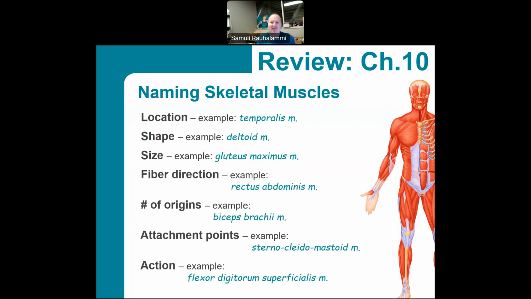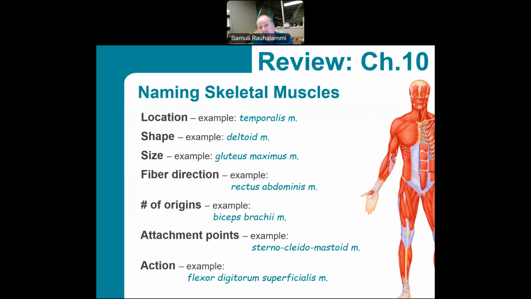One of my favorites is the sternocleidomastoid muscle, running from your sternum, the manubrium of the sternum, to the mastoid process of the skull, and then back to the clavicle, forming the triangular muscle of the neck. Or we can even look at the name for clues of the action the muscle does. Flexor digitorum superficialis tells us that it's a flexing muscle. We also see that it flexes fingers, and it's a very superficial muscle.